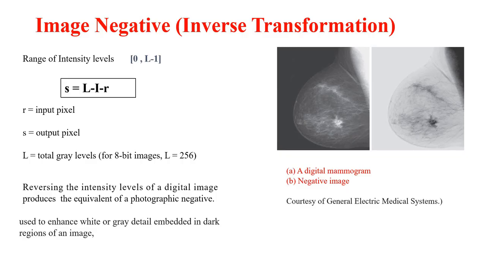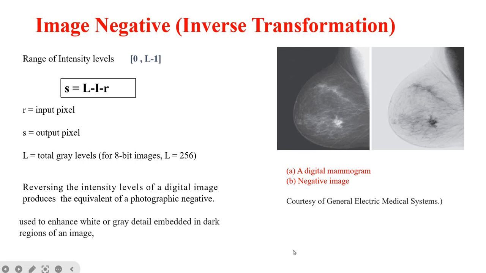Even though the legends are visible in both the images, some people find it easier to analyze the fine details of the breast tissue using the negatives. So what we have done here is take a digital mammogram image and convert it to its negative, so that it becomes visually clearer.